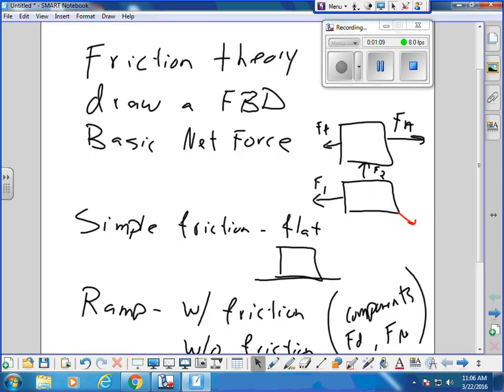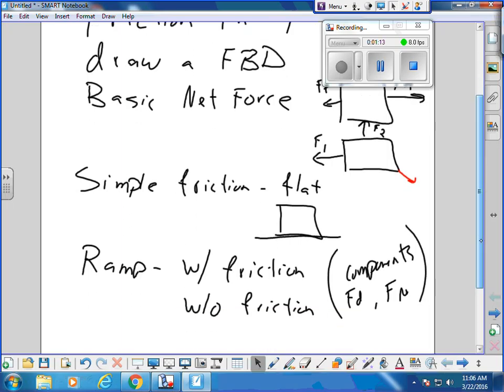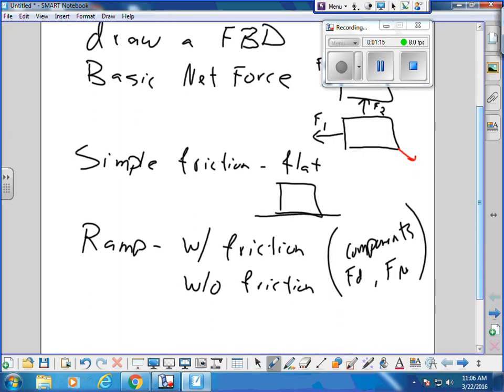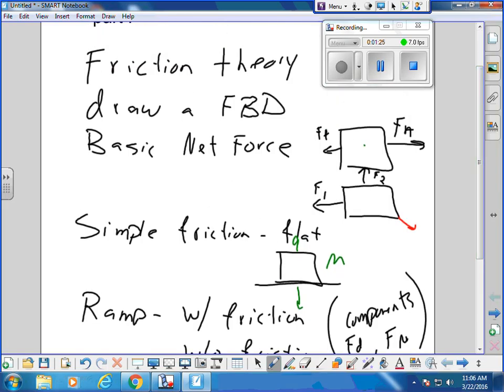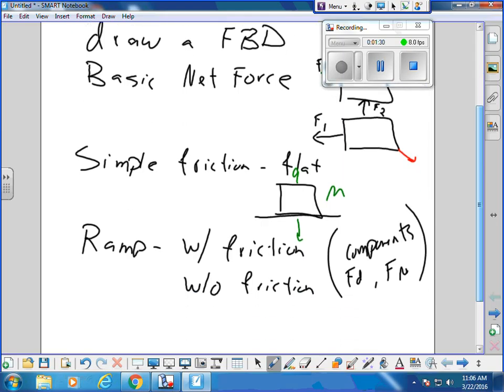There will be a simple friction flat one like this, where the normal force and the weight force are equal to each other, and there would be a mu value. It's basically like this one, except I'm not giving you friction force, I'll give you the mu value. Right?